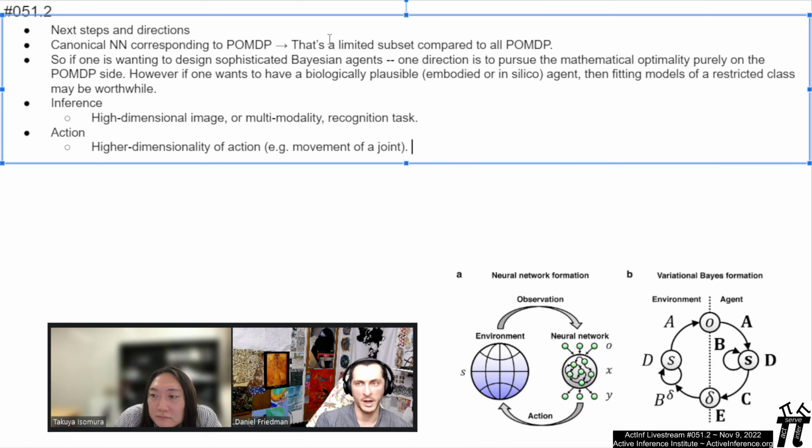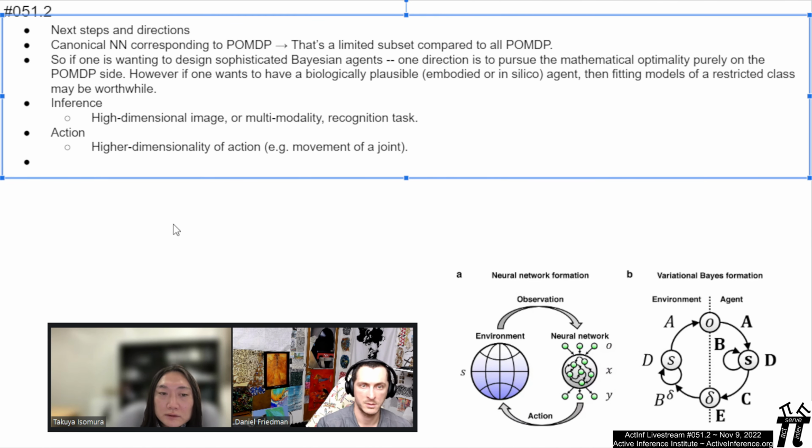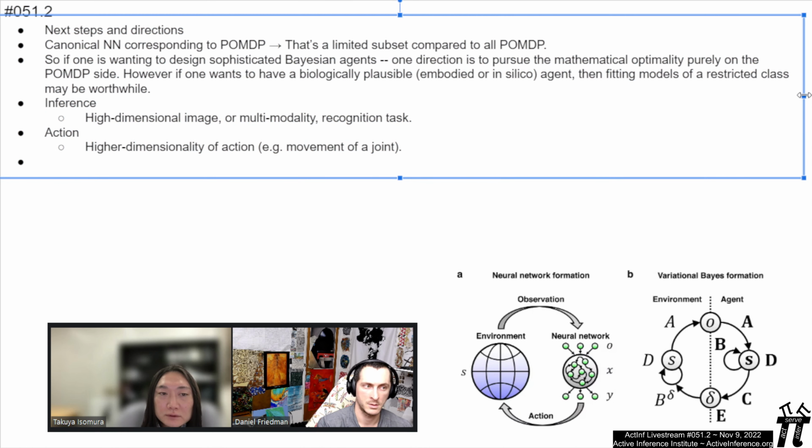Which directions or questions are you excited about, or what areas of studying the basis of biological and computational intelligence are relevant? Yes. So in terms of the importance of the canonical network, as you said, its virtue is biological plausibility.